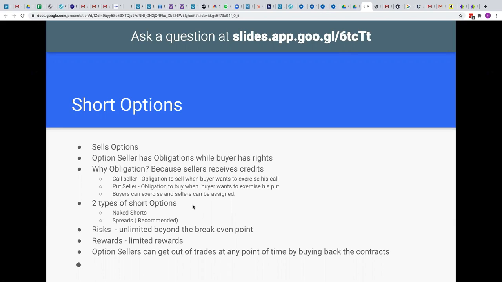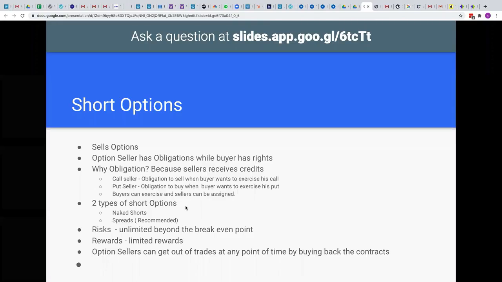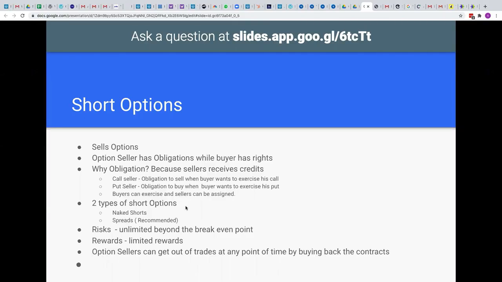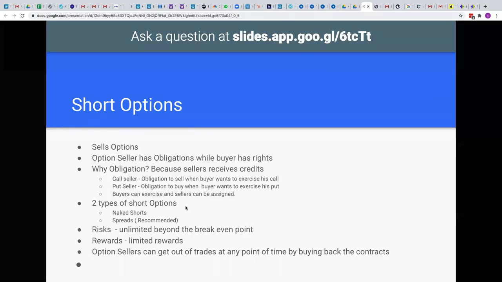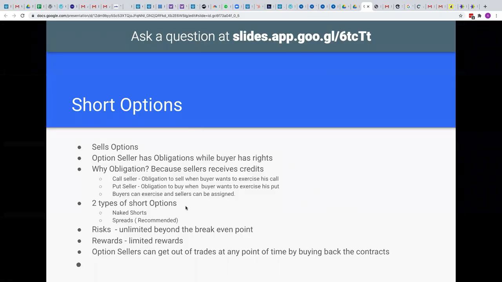Yeah, we have graphs which I will show you later. But what you have to understand is there are two ways you can play all these things. One is the naked shorts and the other is the spread. When I say naked short, what I mean is you can just sell a call. For example, a lot of people do covered calls. But I would not recommend that because number one, it requires a lot of margin and it's going to eat into the margins in your account.